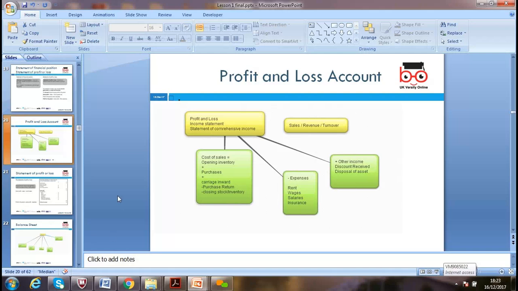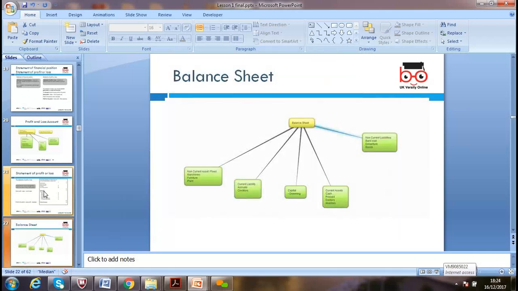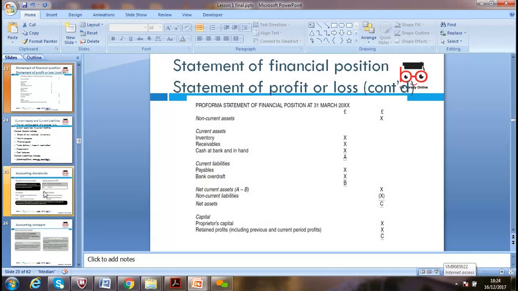Our normal business is hospitality, but we are doing some extra work, selling spare things. So this is one layout of how the profit and loss is supposed to look, which we will go through in the following lesson. Then the balance sheet, and the layout of how it is supposed to look.